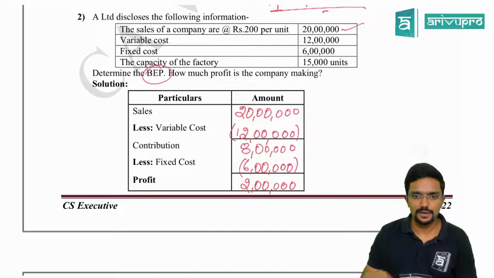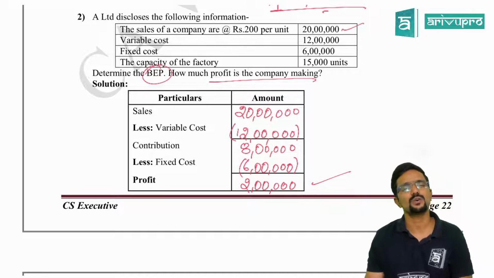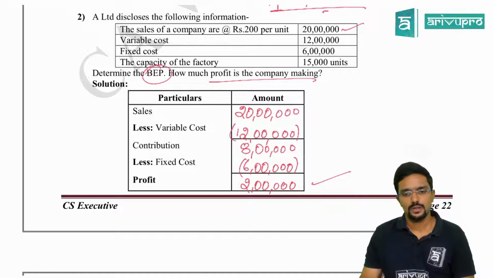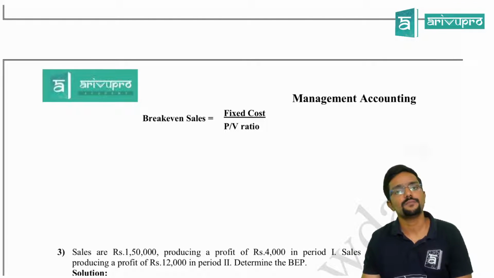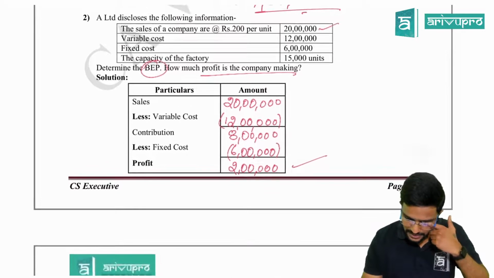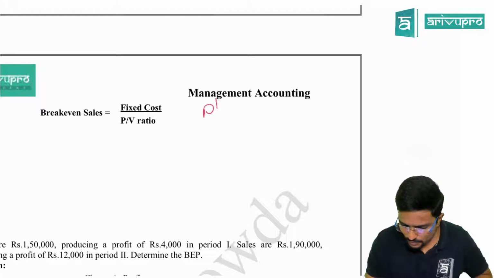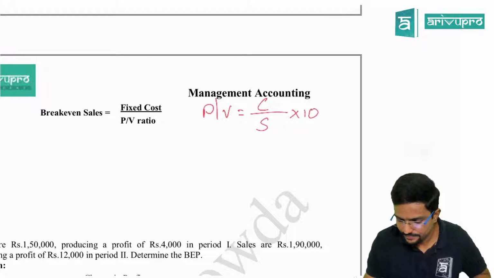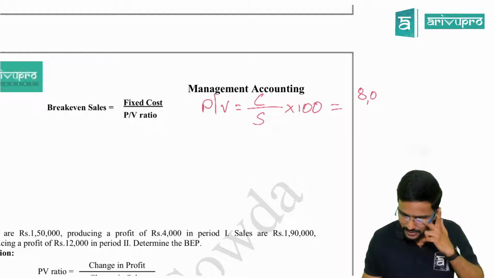Okay. And we have already answered the second part. What is the profit the company is making? We have already given the answer, 2 lakh rupees. Okay. Chalo. Break-even sales we will calculate in first rupees. So we want PV ratio, which is directly not given. So first we shall calculate PV ratio. So PV ratio is equal to contribution by sales into 100, which is equal to contribution is 8 lakh divided by 20 lakh.